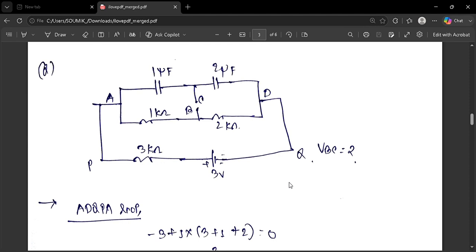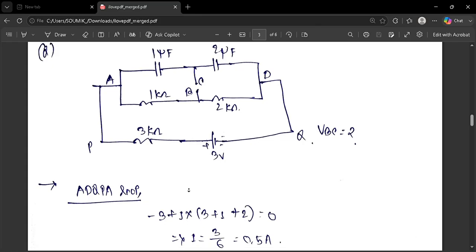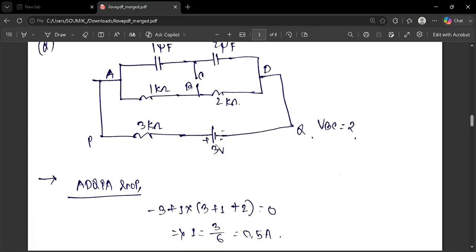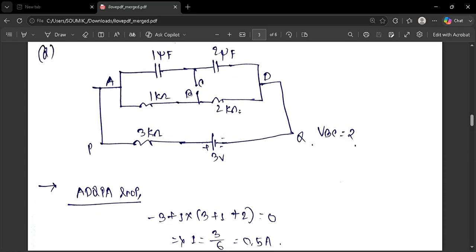These capacitors basically act like a resistor of infinite resistance. So using Kirchhoff's second rule in this closed loop A, B, D, Q, P, A, we can find the current flowing through this circuit, and no current is flowing through the capacitors.